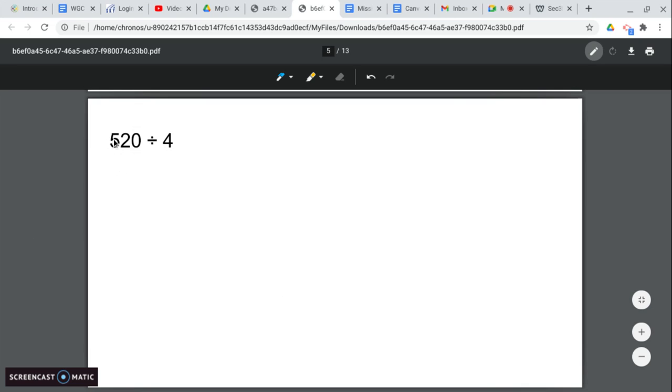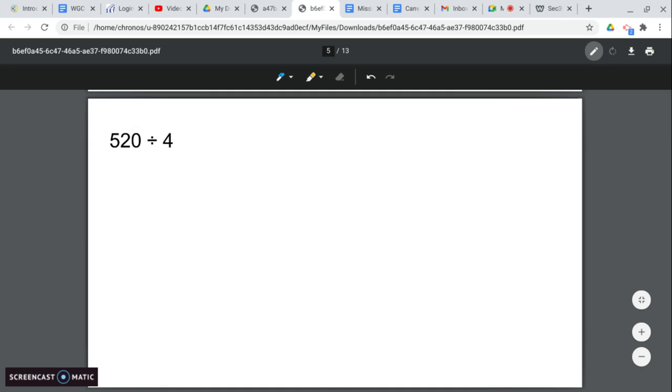So we have 520 divided by 4. Now, with this one, we can estimate it a few different ways. We can round this. We can actually keep this exactly as is.